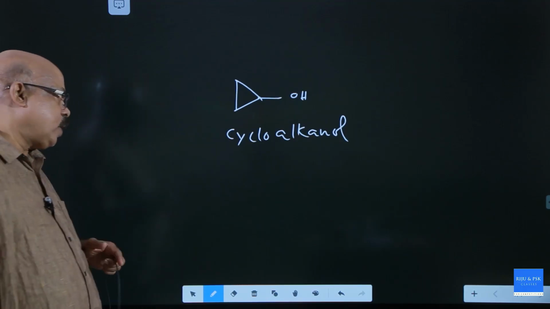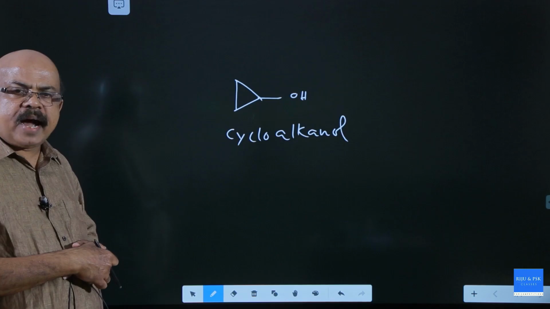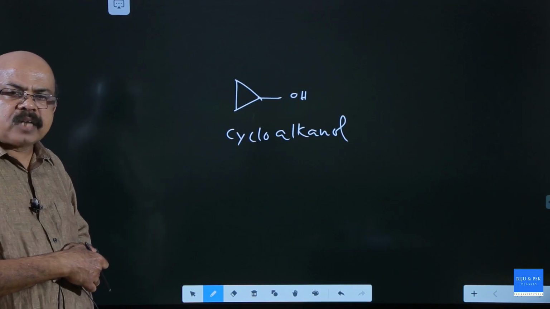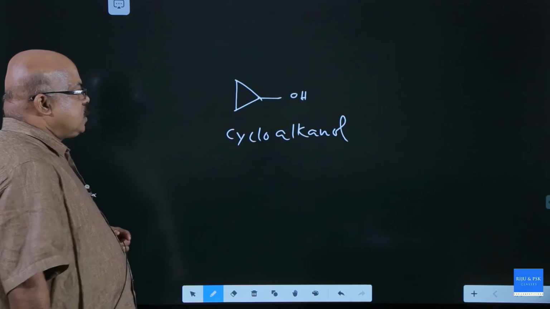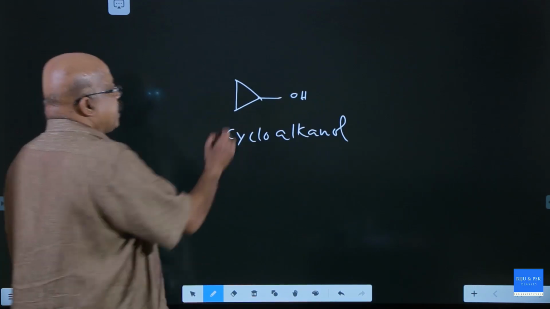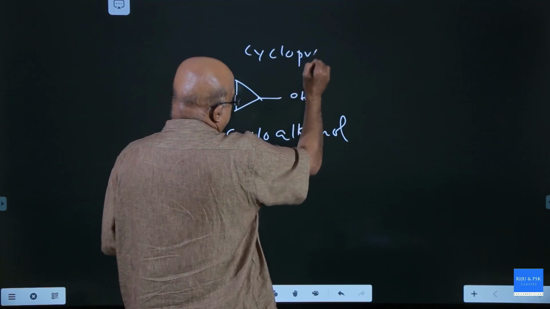If OH group is connected to cycloalkyl group, then it is a hydroxy derivative of cycloalkane. So the molecule is named as cycloalkanol. Here it is cyclopropanol.